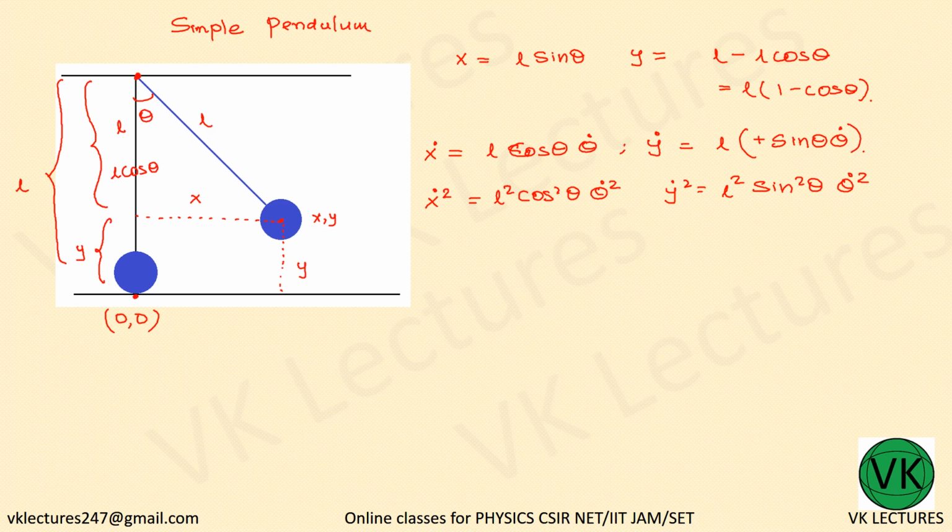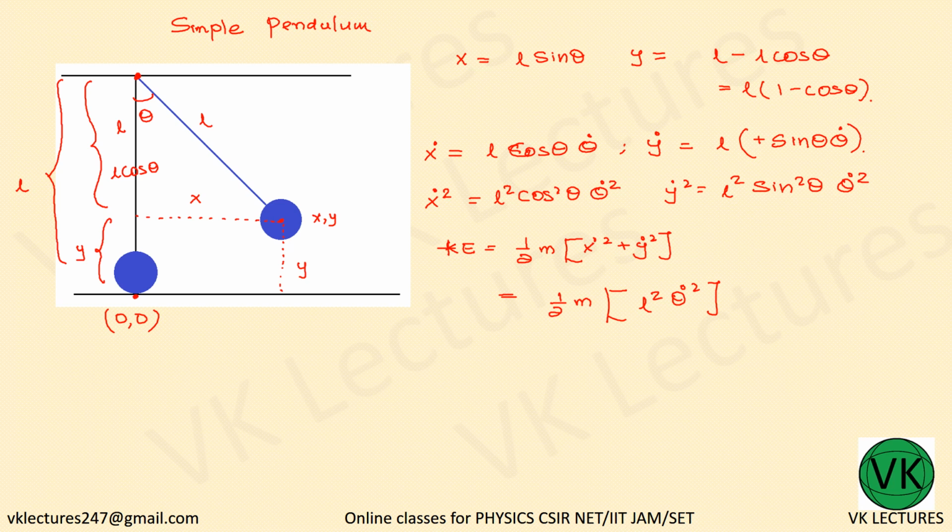Now the kinetic energy is equal to half m (x dot square plus y dot squared), so that gives you half m. Now x dot square is L square cos square theta theta dot square, and y dot square is L square sin square theta theta dot square, so this becomes L square theta dot squared.